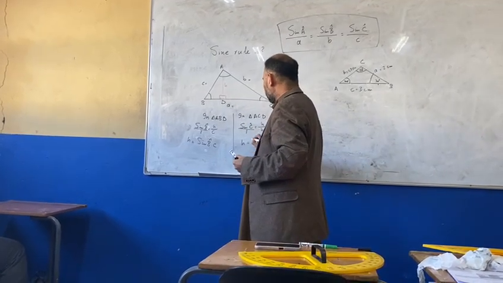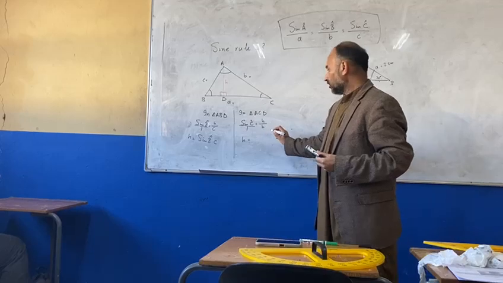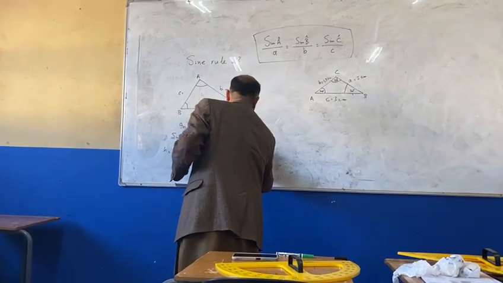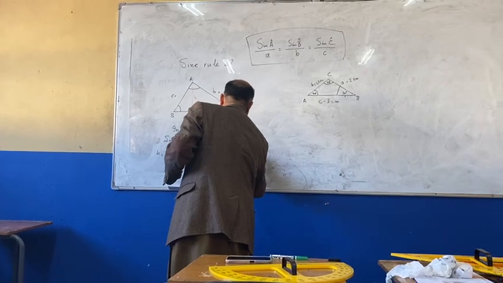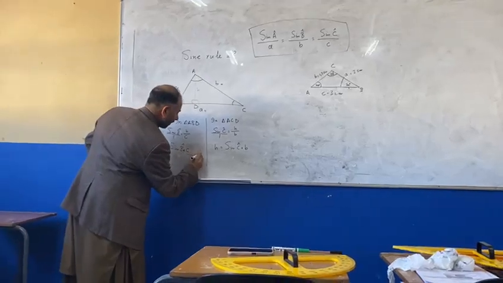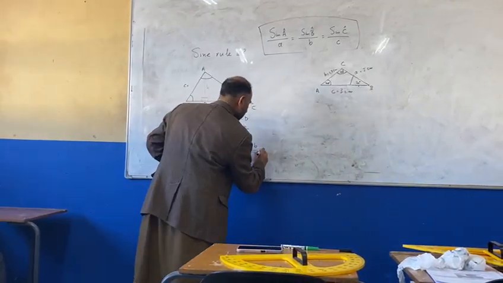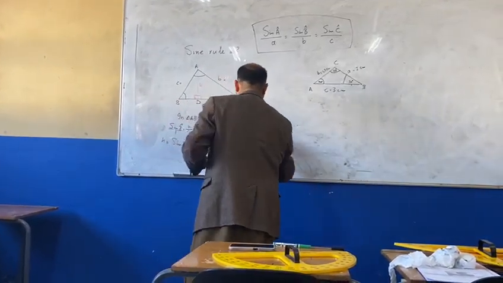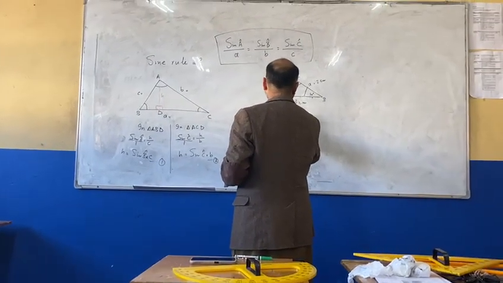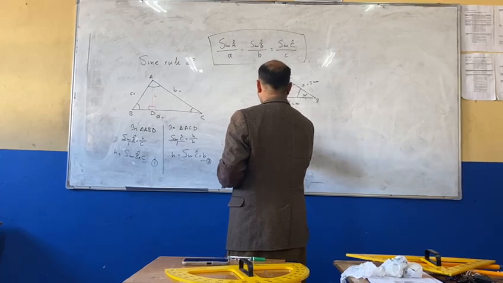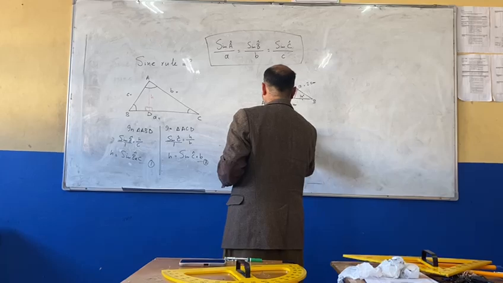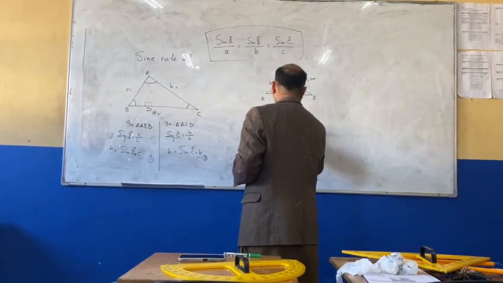H is equal to sine C times small b. This we can call equation 1 and this one equation 2. Equation 1: h is equal to sine B times c. Second equation: h is equal to sine C times b.